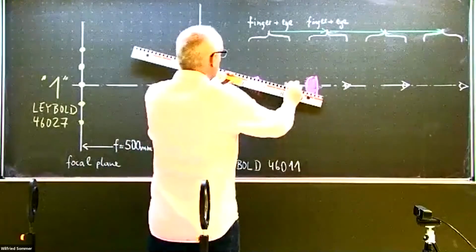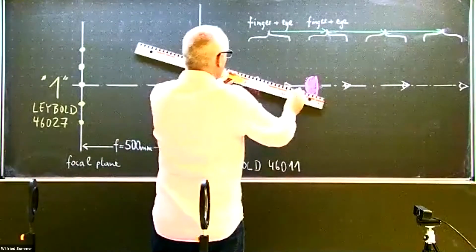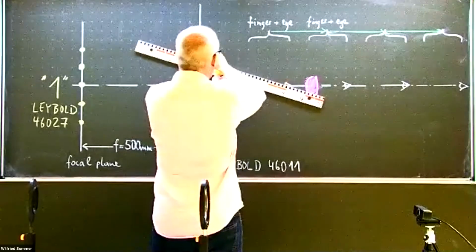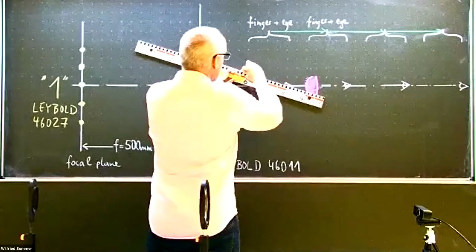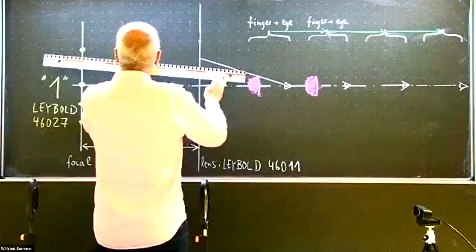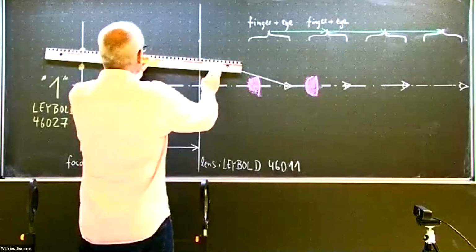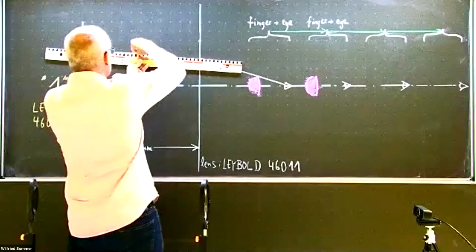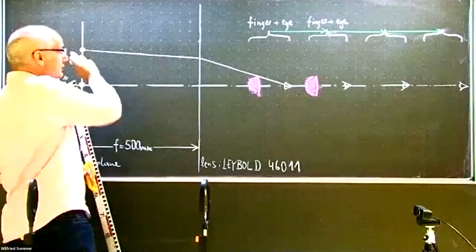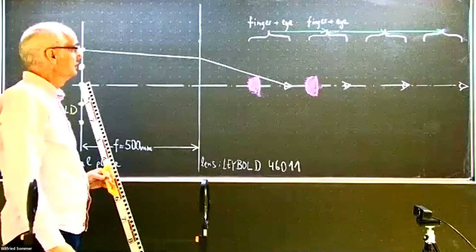And I'm just going to draw this optical pathway, and this optical pathway here corresponds to a situation that I was able to see that glass sphere.